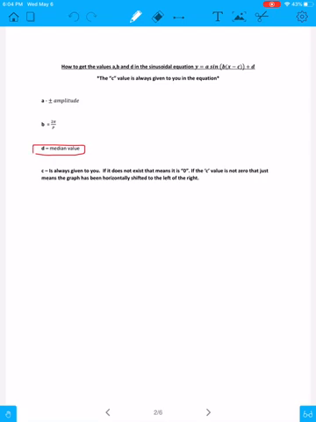So this is our equation, how to get the values of A, B, C, D of the sinusoidal equation. We have y equals a sine b x minus c plus d. This d at the very back is always my midline or my median value. So now that I found the midlines or median values, I can fill in all the d's of the equation.